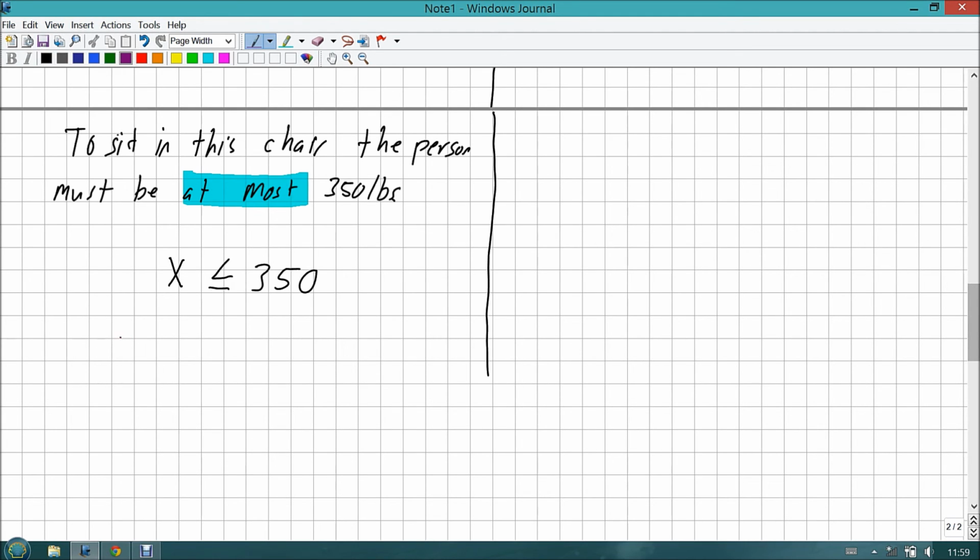And then using our graph, we would, of course, put 350 in the middle. And then since it's solid, we make a dot. And then I have to ask the question, if I plug in 100 for x, which is way over here, is 100 less than or equal to 350? The answer to that question is yes, 100 is less than 350. So if true, go through.